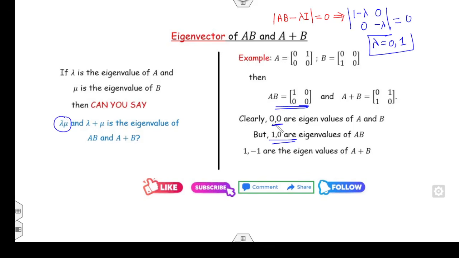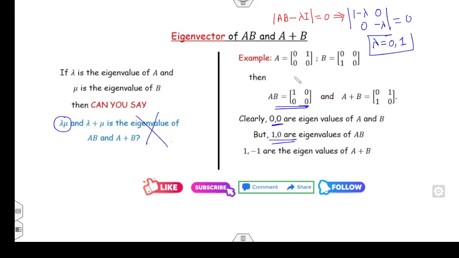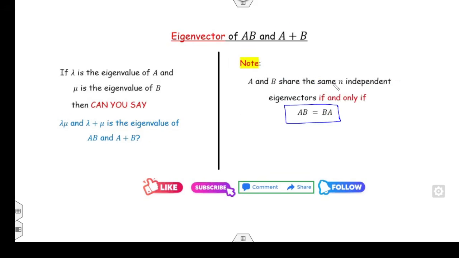That is 0 and 0. So this result is not always true. Make sure this result is true only if AB is equal to BA. And in this example, AB and BA are not the same. That is why the eigenvalue result does not hold.